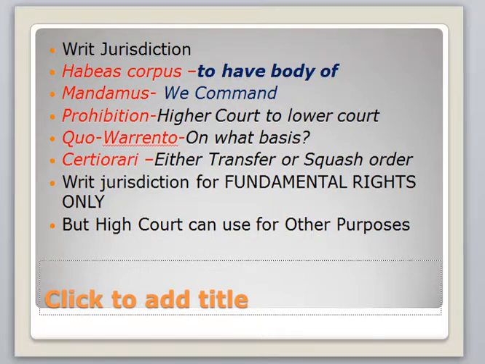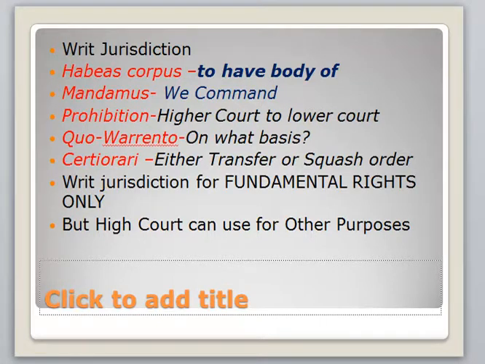If an option is given, you might logically guess that obviously the Supreme Court should have more powers regarding writ jurisdiction, but here you can make mistakes. So I will stress this point: remember that the power of writ jurisdiction is wider in a High Court than in the Supreme Court.